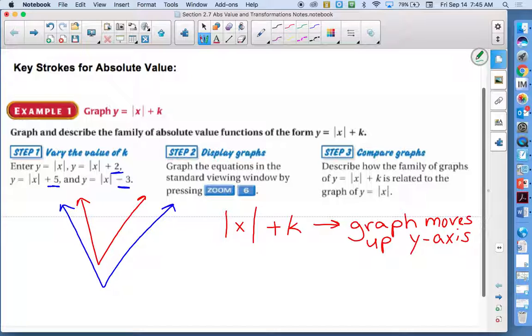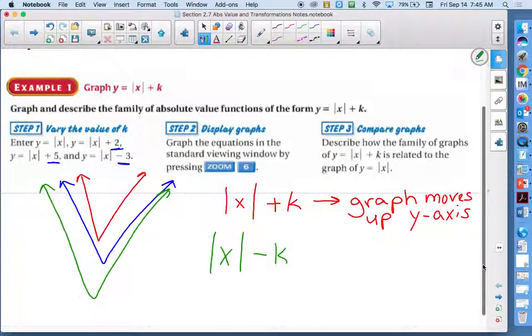up. And then the third option said the absolute value of x minus 3. And that would have taken the graph and moved it down. So the minus part moves it down, the plus part moves it up.